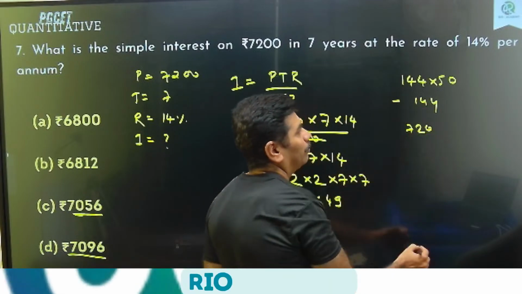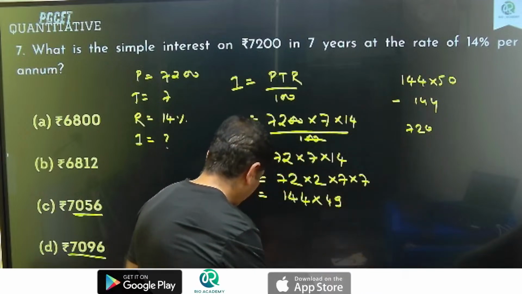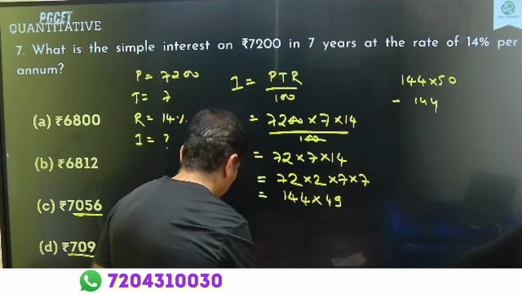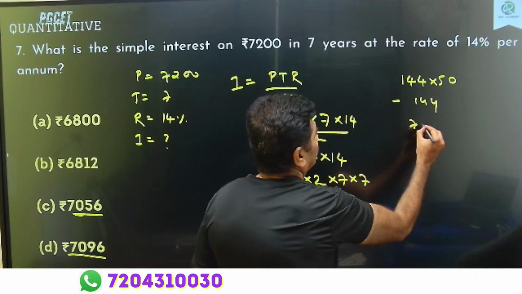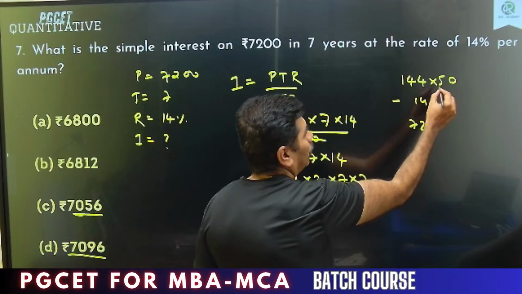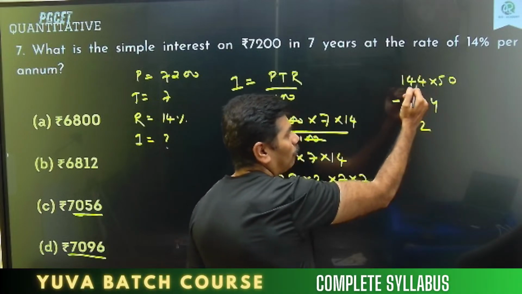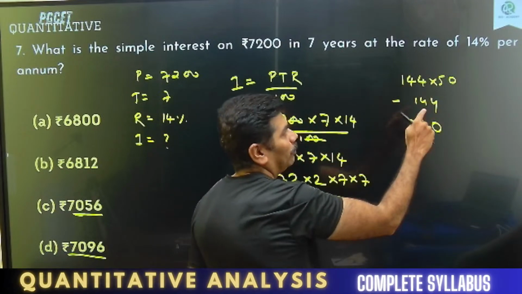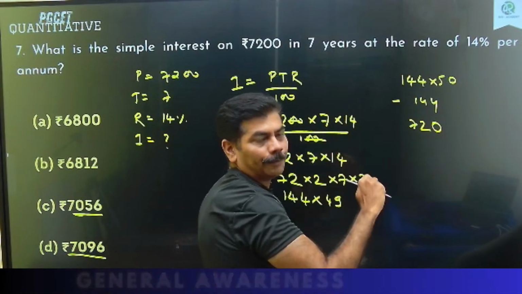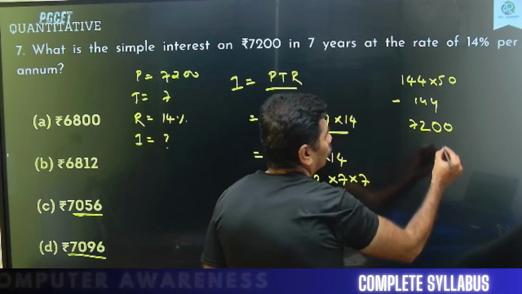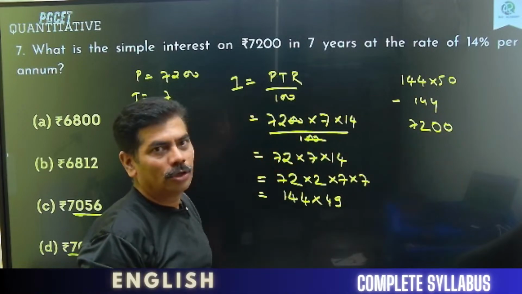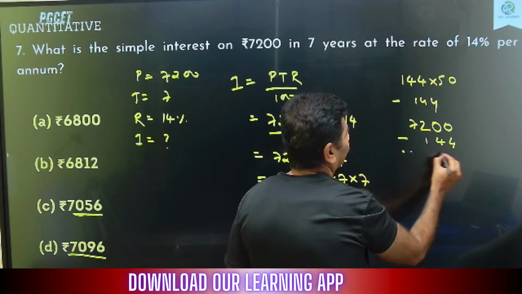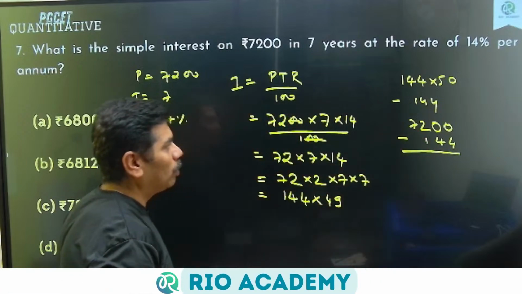Write a 0 after it. So half of 144 is 72, and with a 0 you get 144 into 5. Now it is 144 into 50, so keep one more 0. So this is 7200 minus 144.